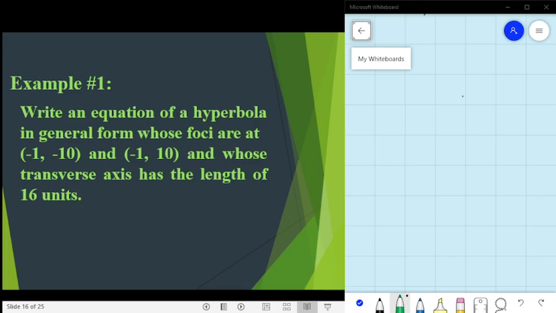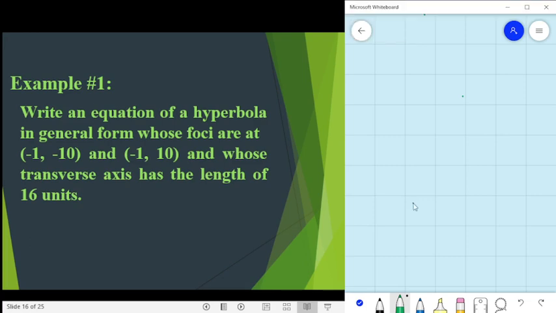So notice that to write an equation, we need to have the values of your A, then your B, and then the center, and we need to identify unsay position sa atong transverse axis, because kung di ta kahibaw sa position sa atong transverse axis, maglisod ta og identify pod o unsay atong gamiton nga formula, di ba?